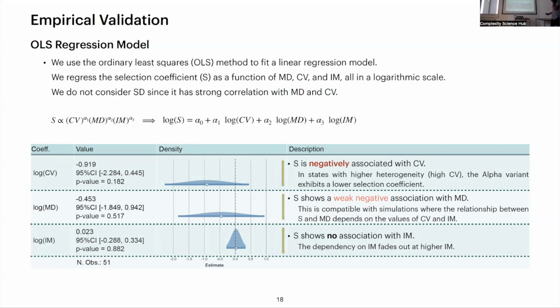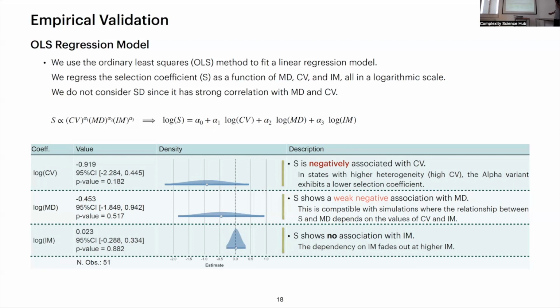This means that selection coefficient is higher in states with a lower heterogeneity, because this coefficient is negative.